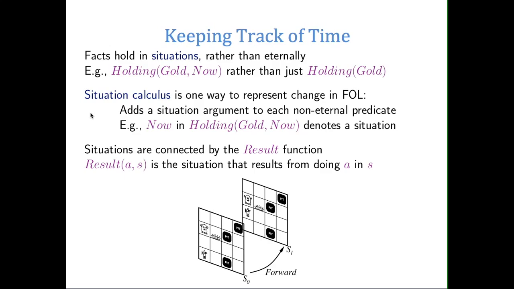So result A of S is the situation that results from doing A in situation S. In other words, result A S is a new situation, and it's the successor situation to little s.